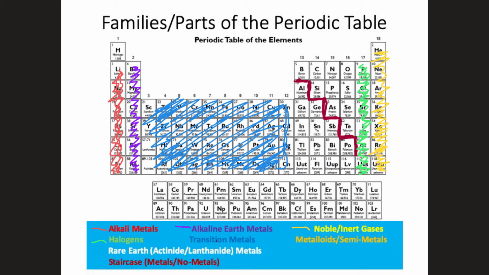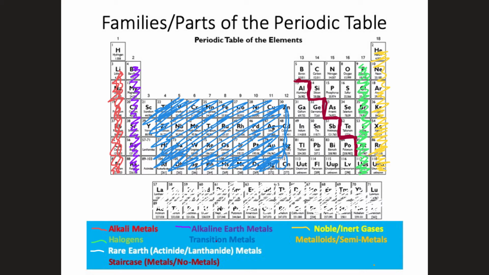And the second to last one that we're talking about are the rare earth metals, called the lanthanide and actinide series, and those are all these in here, the bottom 2 rows. Those are those elements. That's also called the f block sometimes.